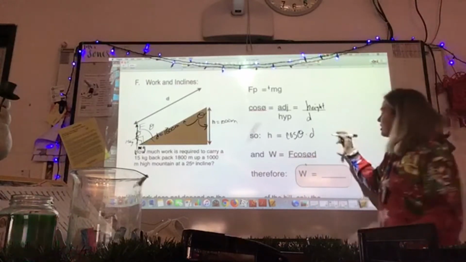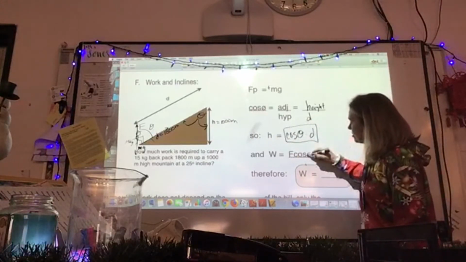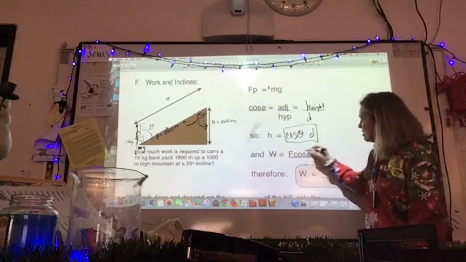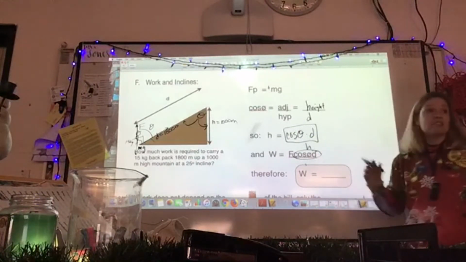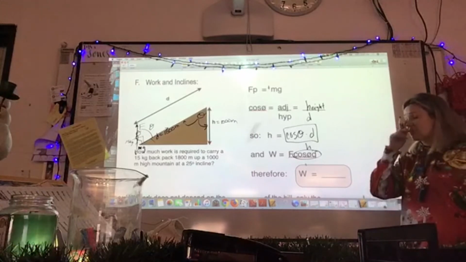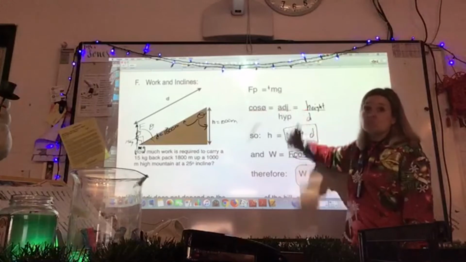Watch the magic. Isn't this the height? Can't I just replace height with cosine angle D? It's going to get better. What force did I say we had to apply? Just the weight.